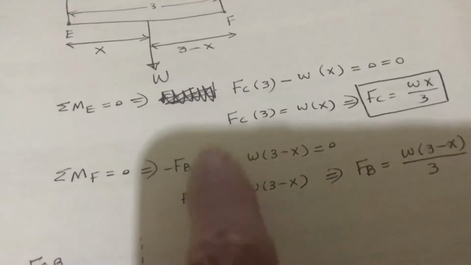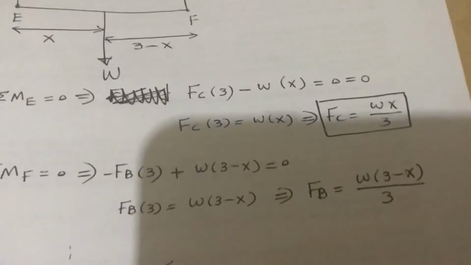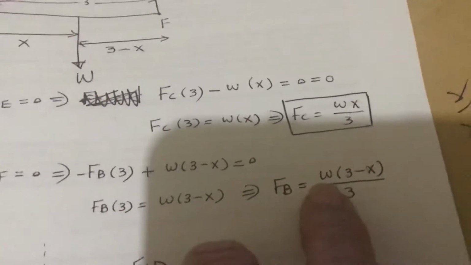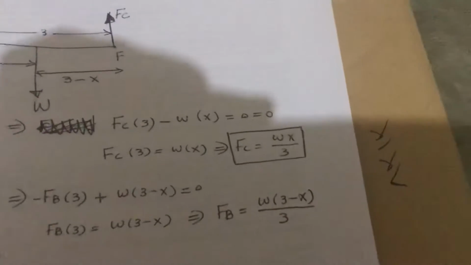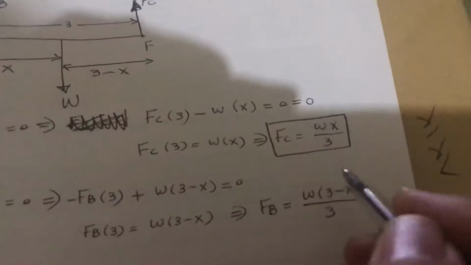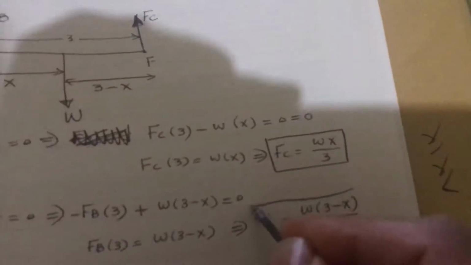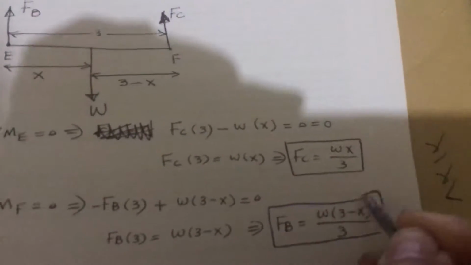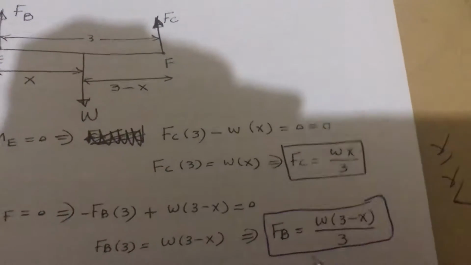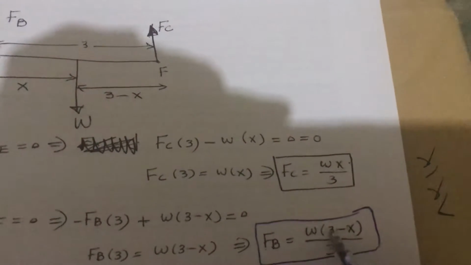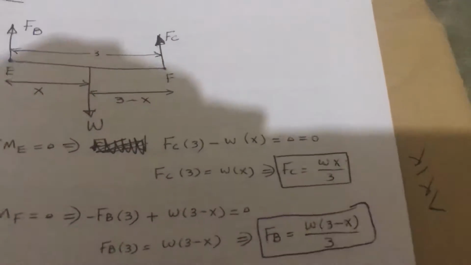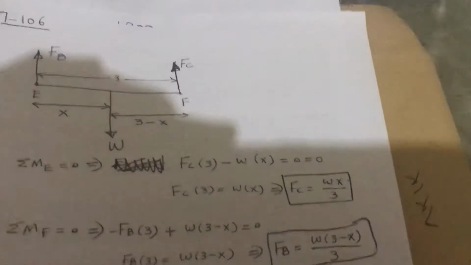If you arrange this equation, FB is equal to W(3 minus X) over 3. So this is the second equation. So we have FC as a function of the weight and X, and FB as a function of the weight times (3 minus X) over 3. These two equations we're going to use later on to find W and X.